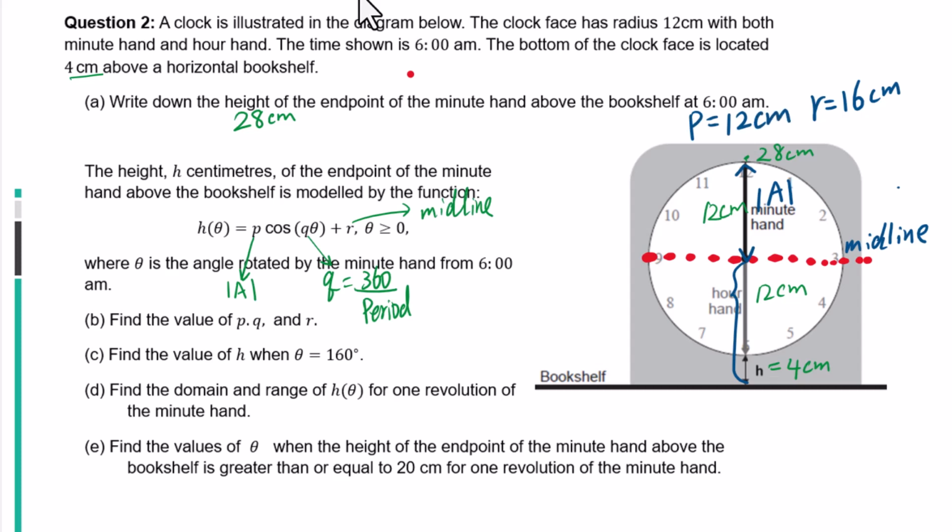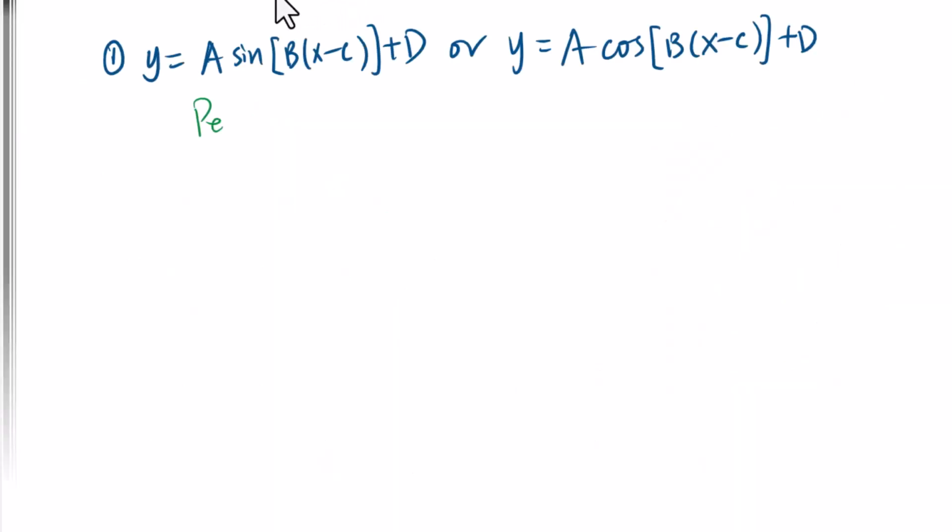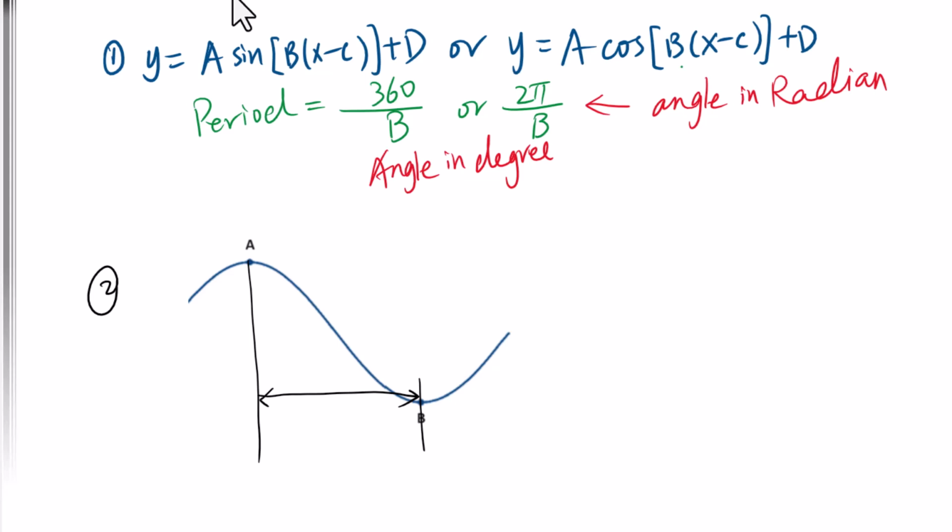How do we figure out the period? Let's explore the methods of getting the period first. If you are given a function, then period equals 360 over b, or 2 pi over b. If you are given a graph, let's label the coordinate for A as capital X M, a maximum, and for B as lowercase x m, a minimum.